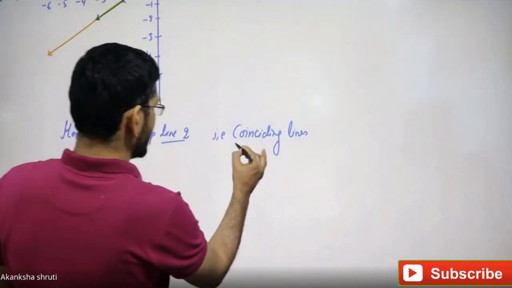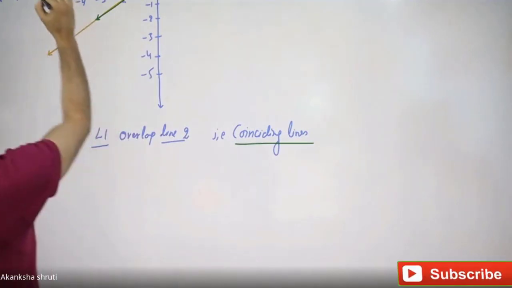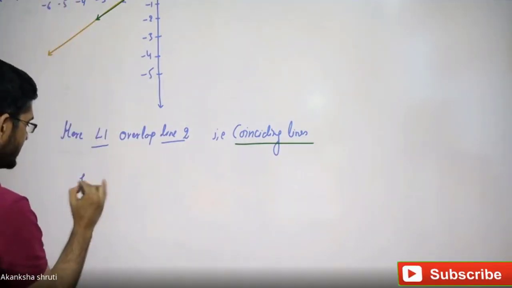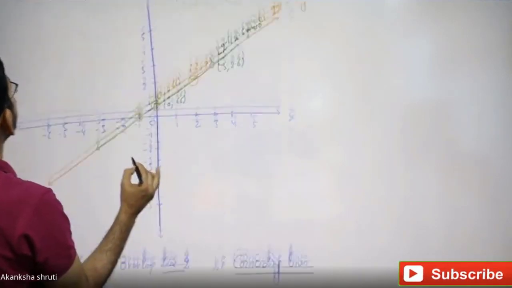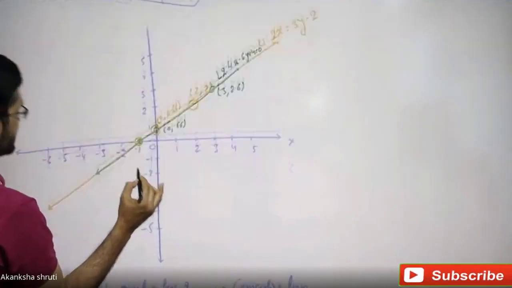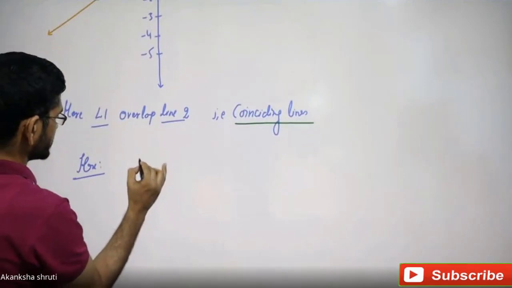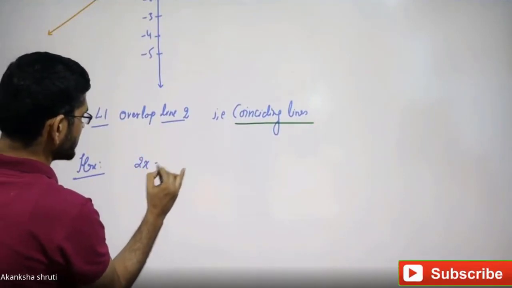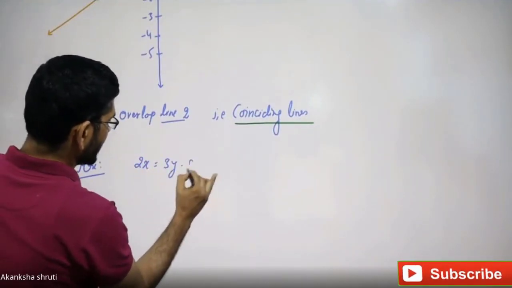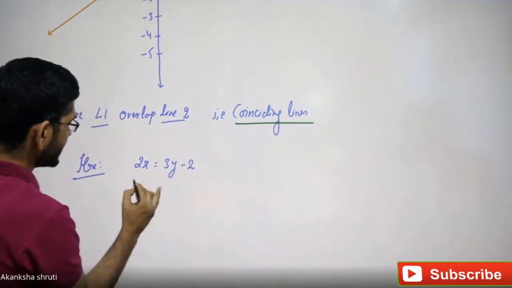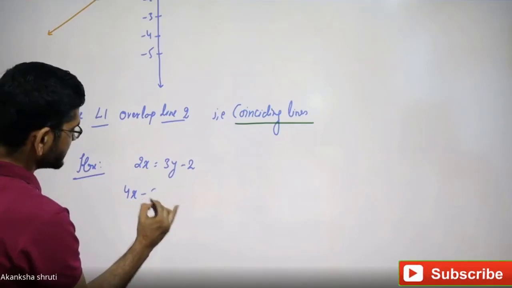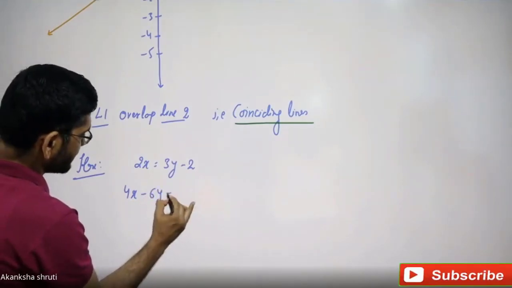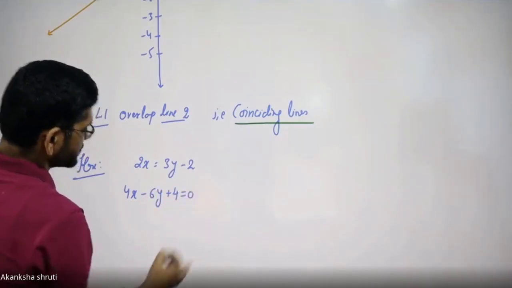So when the lines are coinciding, we write that algebraically. Here the first line was our 2x is equals to 3y minus 2. The second line, 4x minus 6y plus 4 is equals to 0.